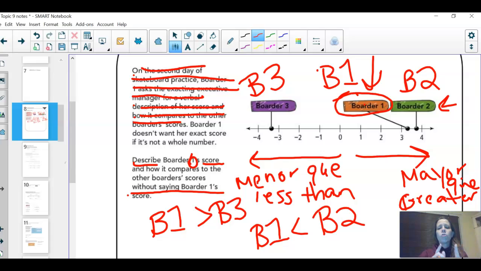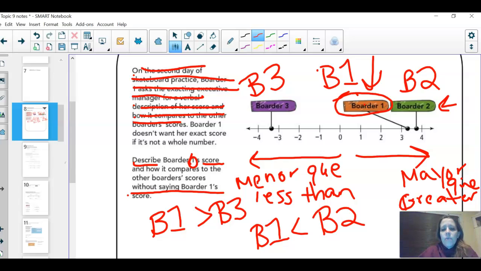La única cosa es que tú necesitas cambiar fracciones a decimales. Y recuerdas, cuando nosotros estamos buscando en recta numérica, a la derecha es más grande y a la izquierda es más pequeño. So remember, on a number line, on the right, it's bigger, and on the left, it's smaller, okay?